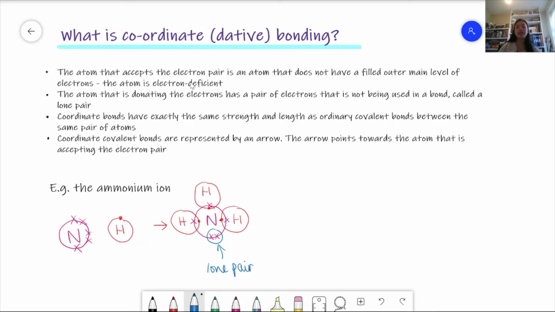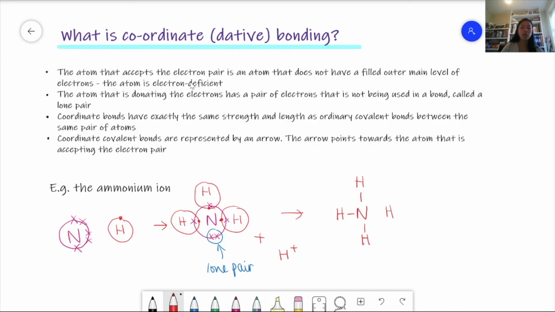And so these can now be donated to something which is electron deficient. And in this case, we are donating it to a H+ ion. So a H+ ion doesn't have the electron that a normal hydrogen atom has. So what happens is that when we add these 2 together, we then get this forming. So we have a nitrogen like this. I'm just going to draw the bonds out now.